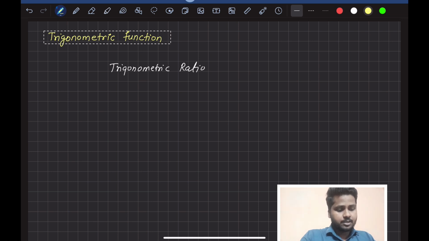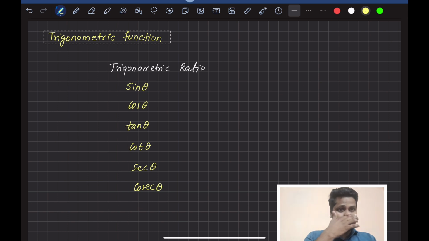Trigonometric ratios are nothing but sin theta, cos theta, tan theta, cot theta, sec theta and cosec theta. Basically it is a definition which provides the relation between angle and sides.